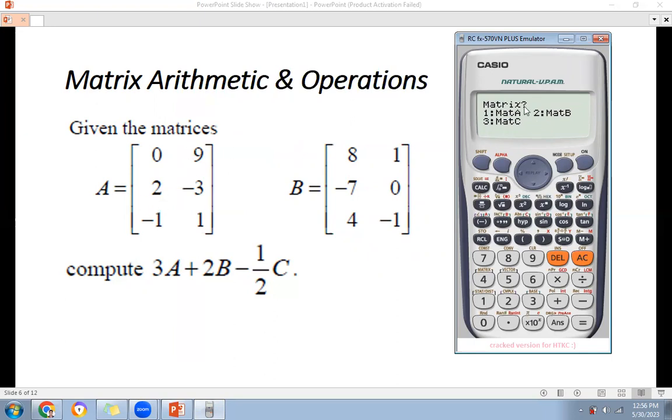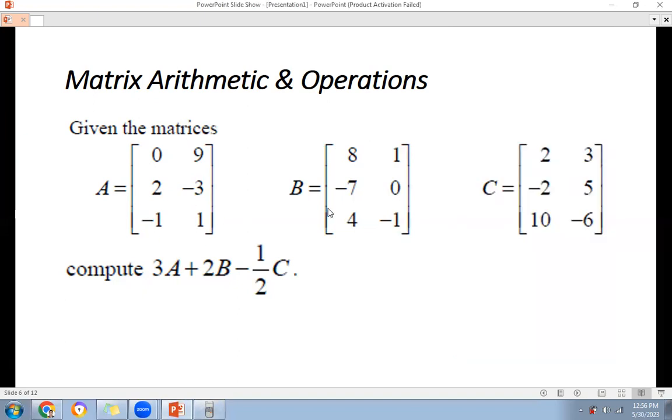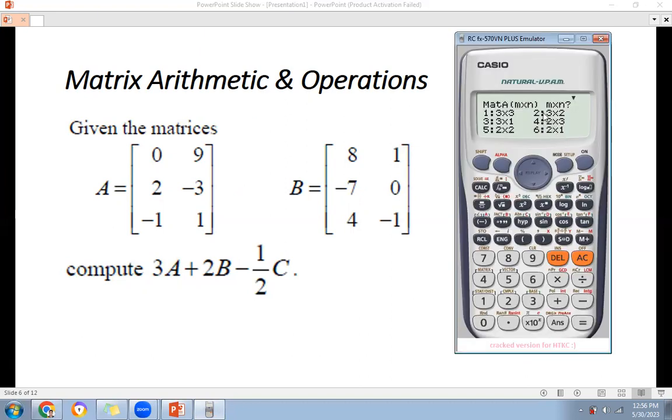For matrix A, press 1, and the dimension is 3 by 2, so we have 3 rows and 2 columns. Then we enter the values.